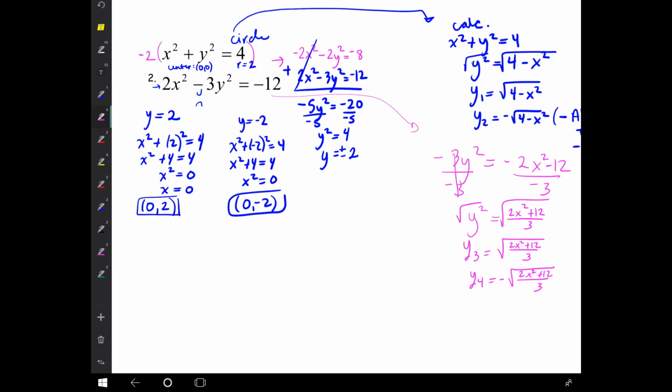Zoom in. Where should our points be? Okay, yeah, 0, 2, and 0, negative 2. So if you wanted to zoom in just slightly so you can see those points of intersection, there's that 0, 2, and there's that circle. Notice if we zoom in, we see a better shape of a circle. And now I can see that hyperbola.